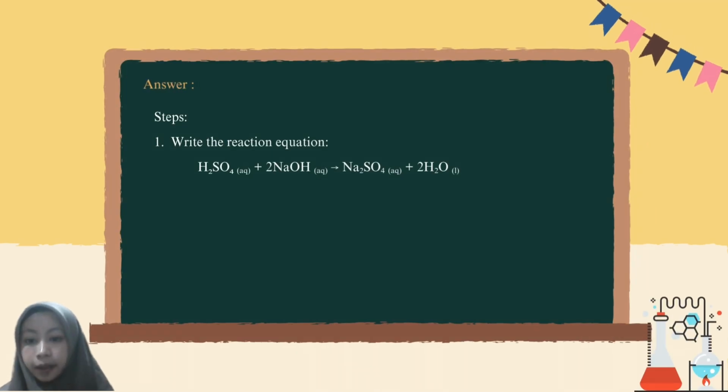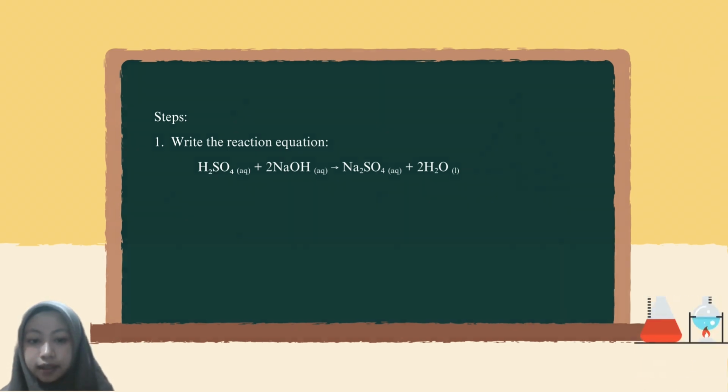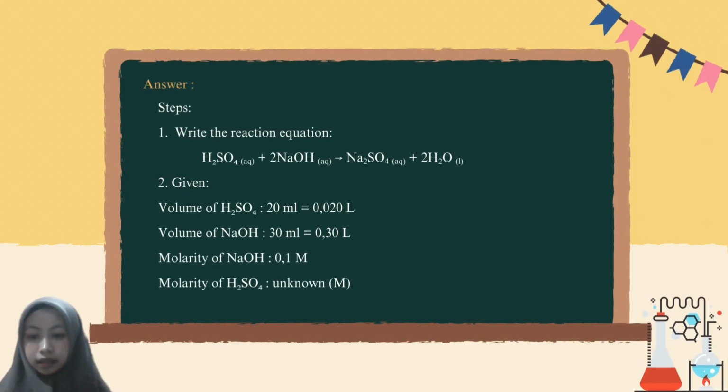Answer. Step 1. Write the reaction equation. H2SO4 aqueous plus 2NaOH aqueous becomes Na2SO4 aqueous plus 2H2O liquid. Next, step number 2, given. 1.